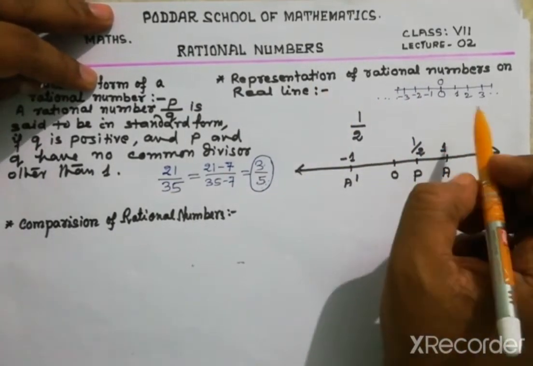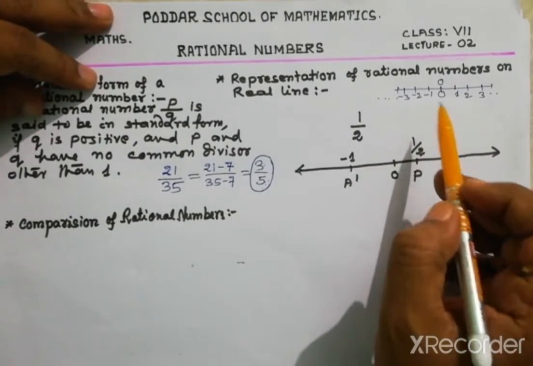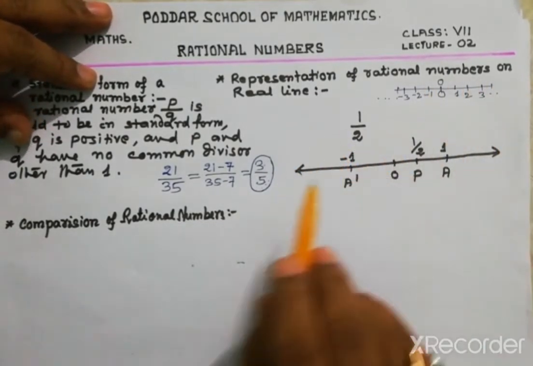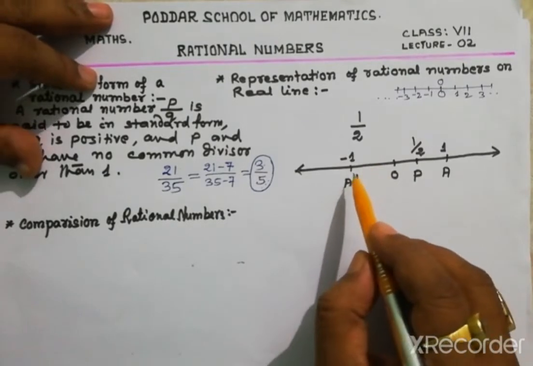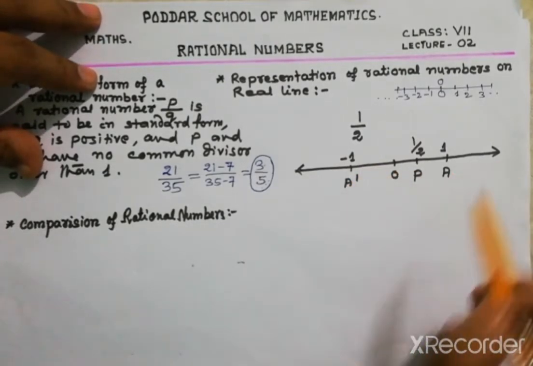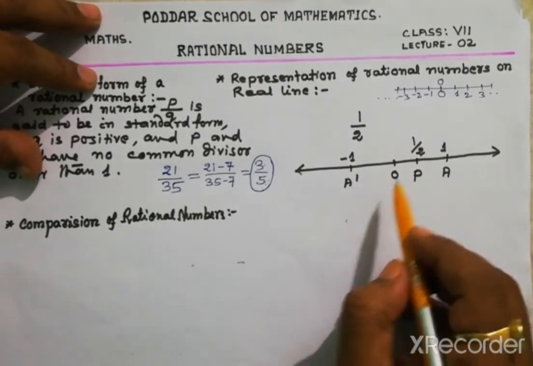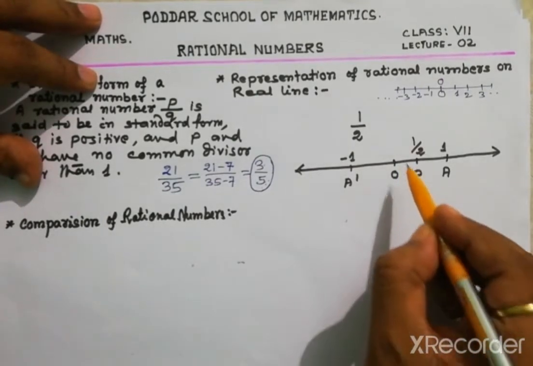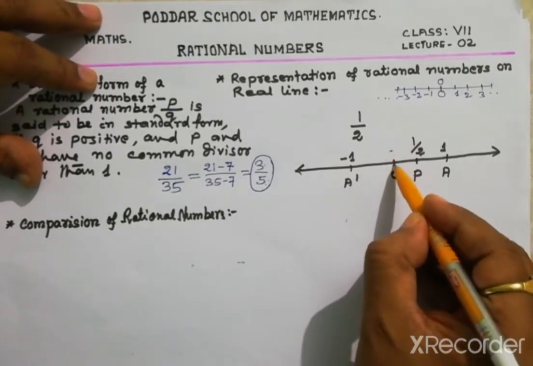Like this, we can represent a rational number on the real line. And for this, we have to draw a line, and then we take a point 0 in the middle.